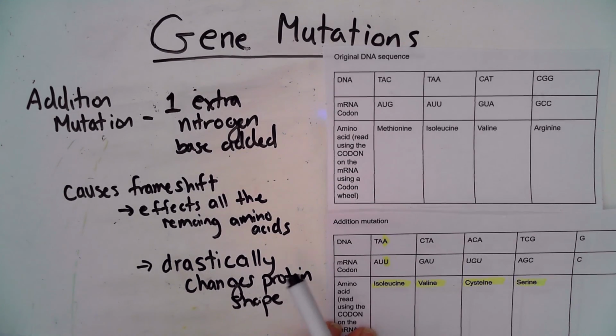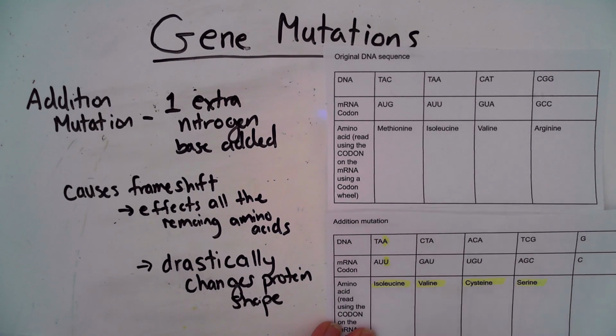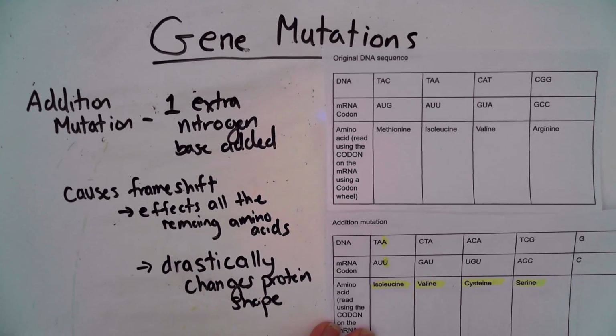That's why we call it a frameshift mutation. It's because it's shifting literally the frame that the ribosome is reading the mRNA. And this is going to end up causing a drastic change in the protein shape. Because if you've got all different amino acids, there's no way it's going to fold the same way it did before.